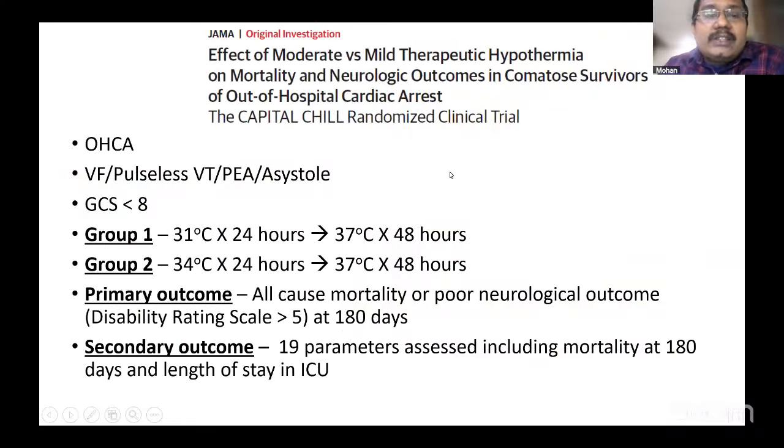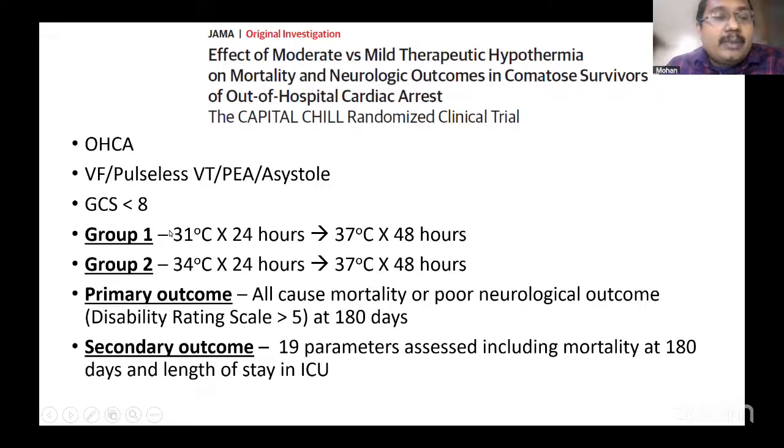So another 2 trials have come. One is CAPITAL CHILL, a randomized controlled trial. Now they wanted to see if moderate hypothermia can be used or not in comatose patients after cardiac arrest. So they have taken out of hospital cardiac arrest. They've included all the rhythms, and patients whose GCS is less than 8 were randomized into group 1 and group 2.